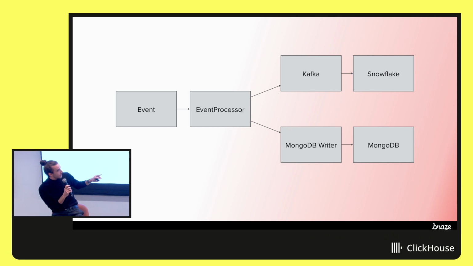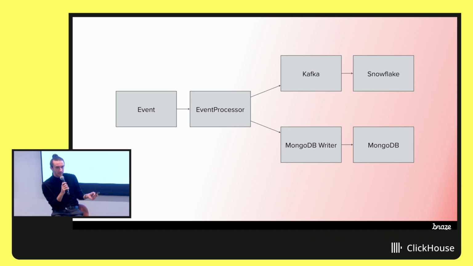And right now, one of two things will happen when an event is sent out of the event processors. One path is that it gets sent to Kafka, and I'm simplifying a bit here, but it goes to Kafka and then it goes to Snowflake as our raw event store. We use that for a few things. We use it for debugging. We have a data sharing feature that customers can just get full access to some of that data.